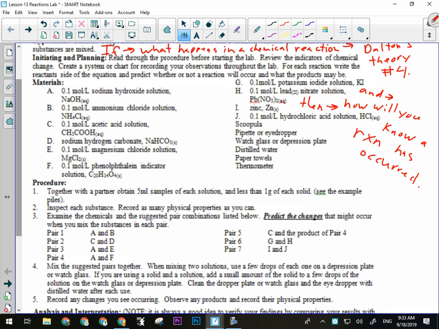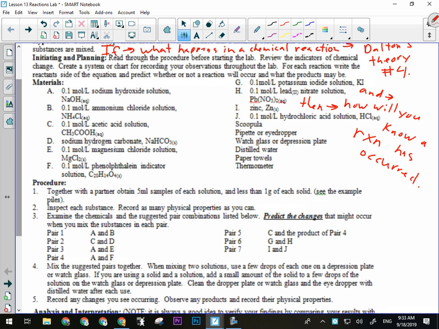Okay, and then we'll be looking at A and F, so you'll be taking sodium hydroxide and phenolphthalein. Now phenolphthalein will be in a little squirt bottle. No, I shouldn't say drop bottle. Phenolphthalein, if you ever watch any crime scene investigation shows, is the stuff they use to test for the presence of blood. They put it on the end of a cotton swab, and if there's blood, it turns pink.